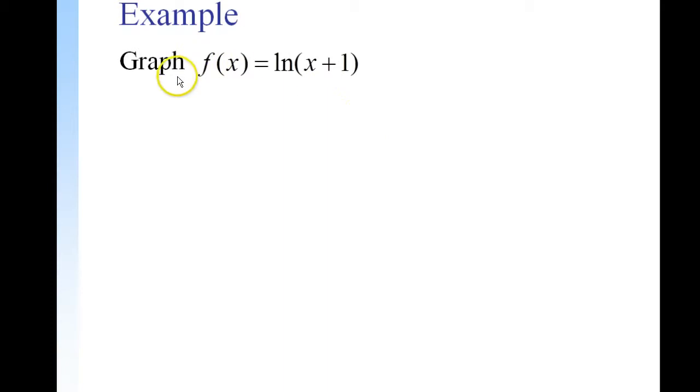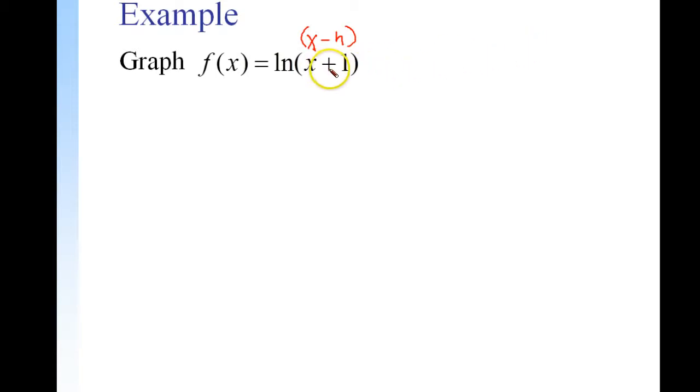Now, here we're going to take a look at this function. And you might say, well, what is this? Well, this is the natural log, but now it's in parentheses. It's not just this and the 1 is out here by itself. You may recall from earlier lessons that in this arrangement it's x minus h, where this one was the h value, and here we're going to shift not up and down, but left and right.